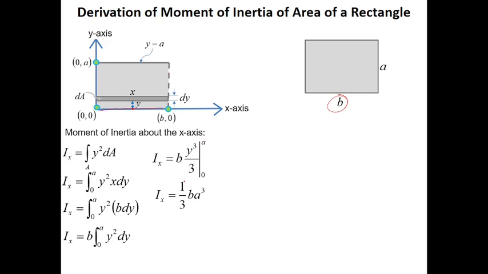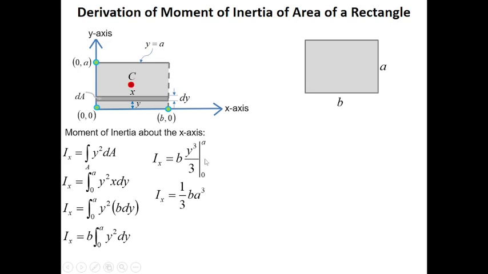So, b a cubed over 3, or 1/3 b a cubed. Tapos, ganyan yan, b a cubed over 3 minus b times 0 cubed over 3. Substitute the upper limit and the lower limit. So, mawawala yan dahil din ay 0. Kaya, b a cubed over 3 or 1/3 b a cubed. Okay?